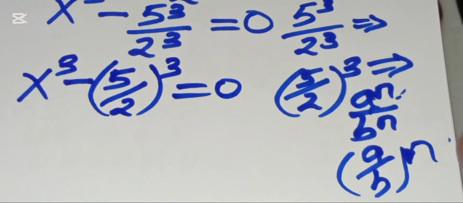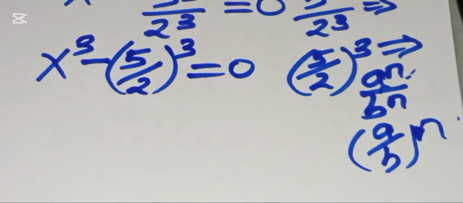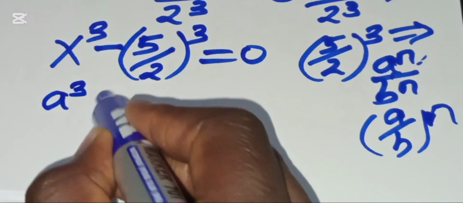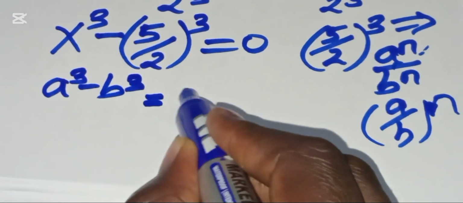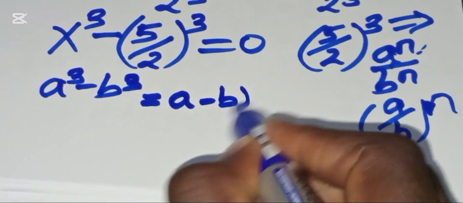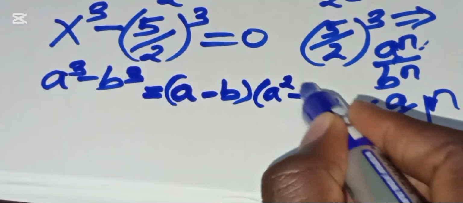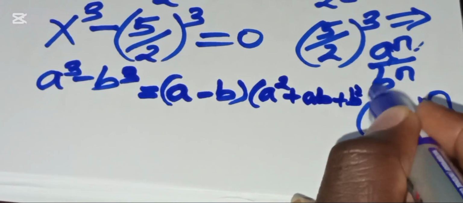Now as you can see, x cubed subtract 5 over 2 cubed is the difference of cubes, expressed as a cubed subtract b cubed, which is equal to a minus b times a squared plus ab plus b squared.